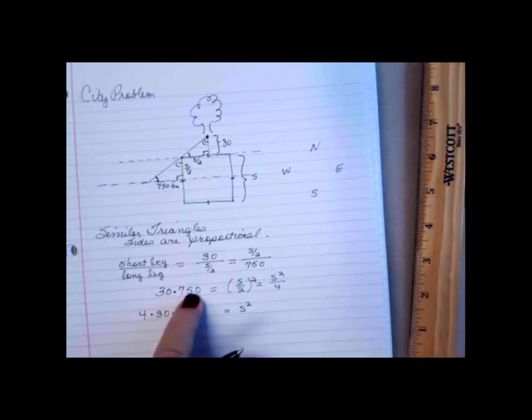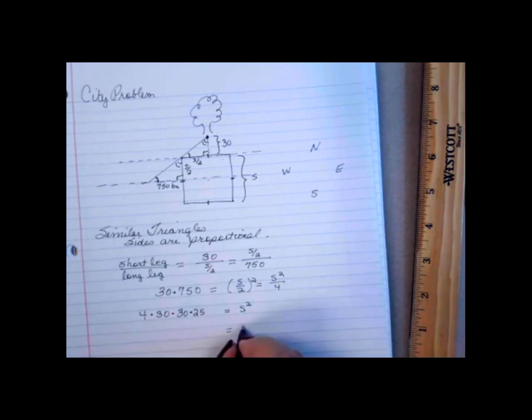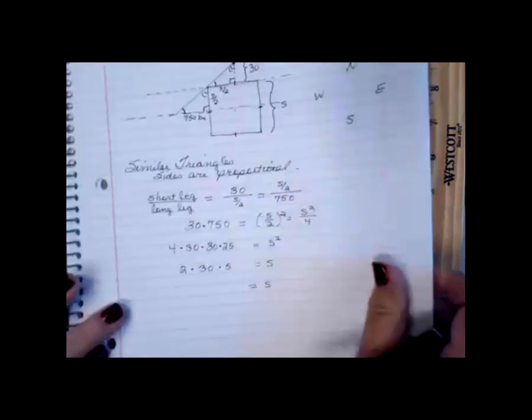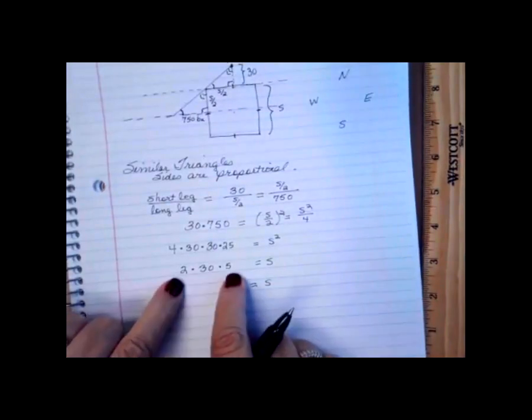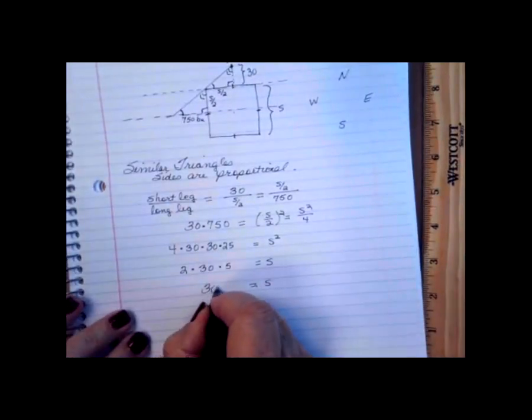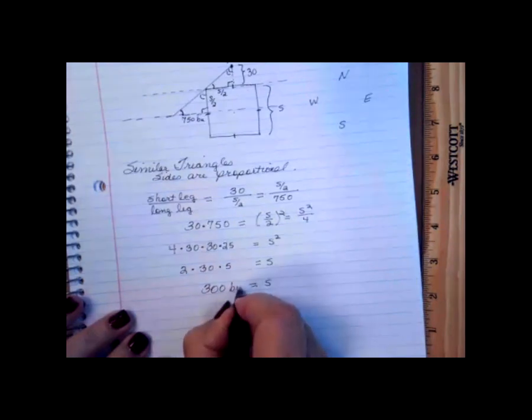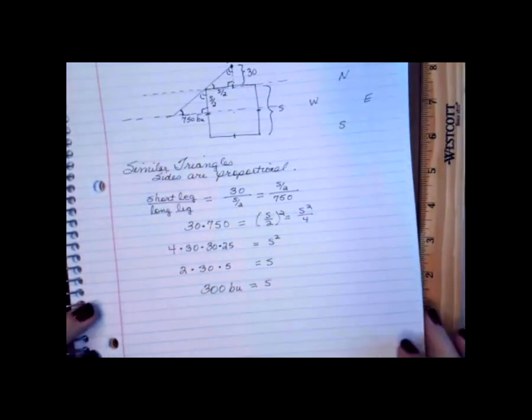I recognize that 750 is 30 times 25, so let me write it that way. So when I take the square root of both sides, square root of 4 is 2. Square root of 30 times 30 is 30. And the square root of 25 is 5. Which means S is 30 times 10, which is 300. And BU is the unit that we're using to measure length.